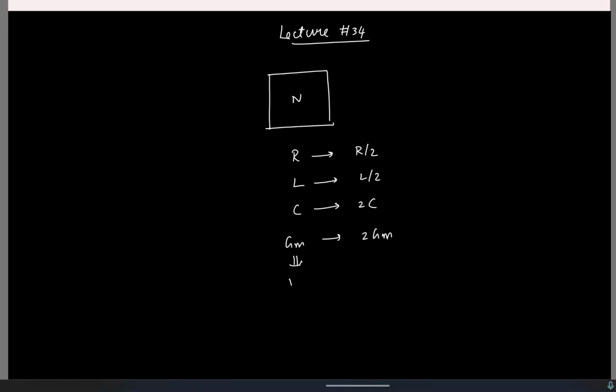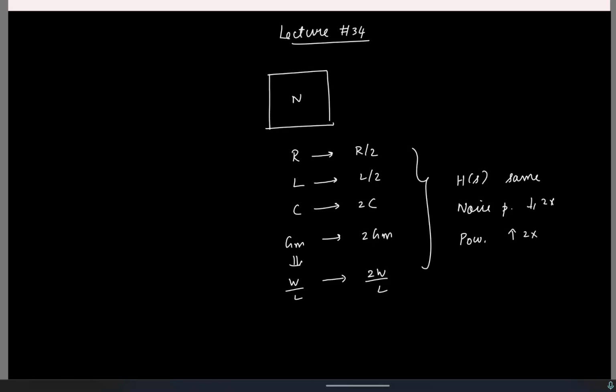Which means if you have a transistor with width W by L, how does it scale? The width scales to 2W. So if you do that, all the transfer functions remain the same.